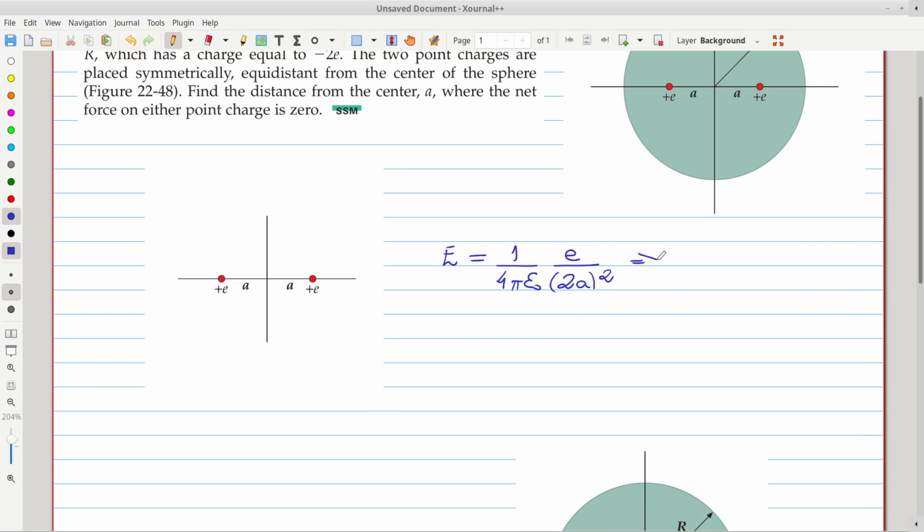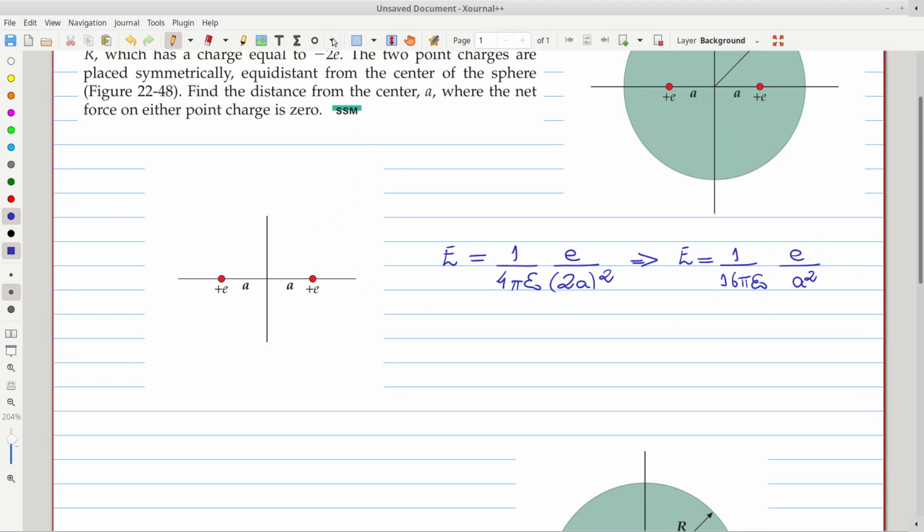So the magnitude of the electric field will be 1 divided by 16 pi epsilon 0, e divided by a squared.